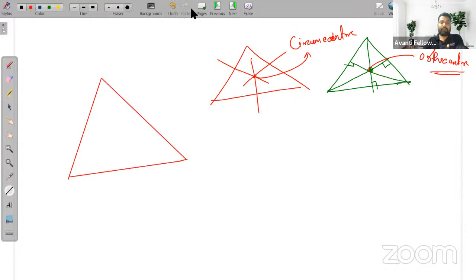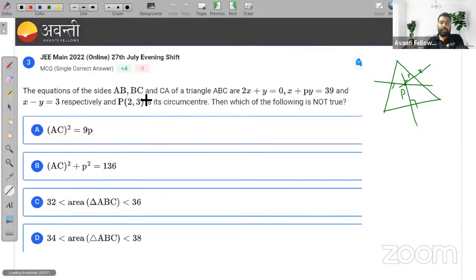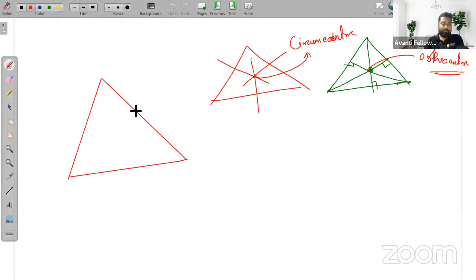Suppose this is my triangle, and P is 2, 3, which is its circumcenter, that means the intersection of the perpendicular bisectors of the sides. So this is my point P, whose coordinates are given as 2, 3.